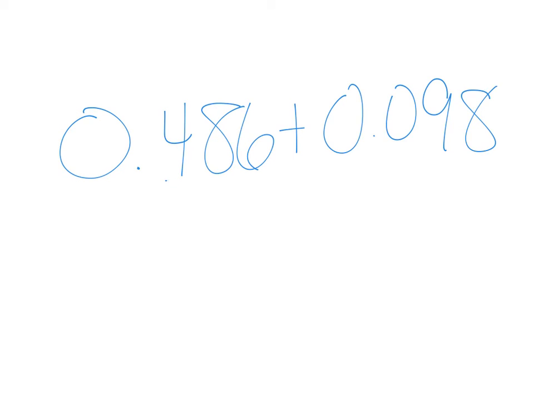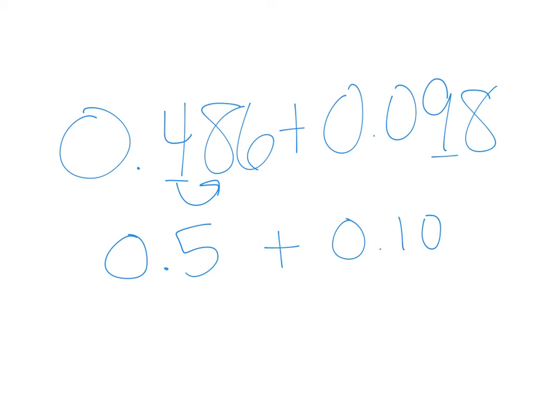So what we do again is look at the highest place value each one has. This one would be 0.5 because there's an 8 next to the 4. And this has a 9, so it would round up to not 0.09 but 0.10. So it actually moves up.